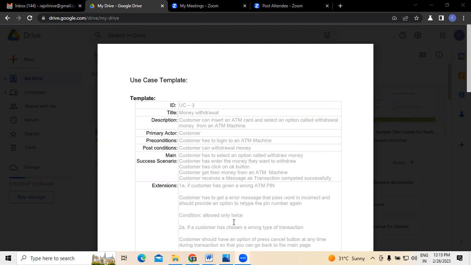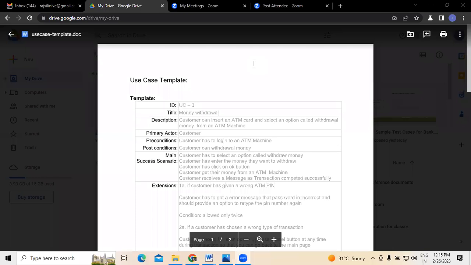Right. So this is what generally the use case template is. Again, I'm repeating, this is a use case template normally prepared by the BA for all the functionalities we have taken. For what purpose?